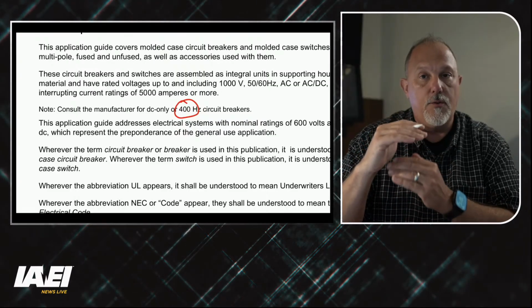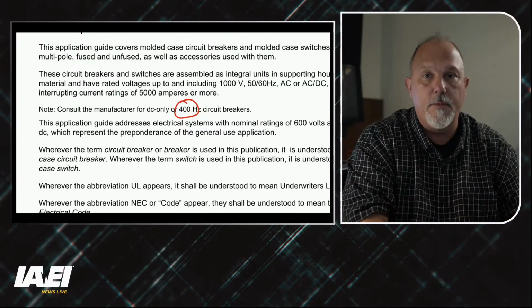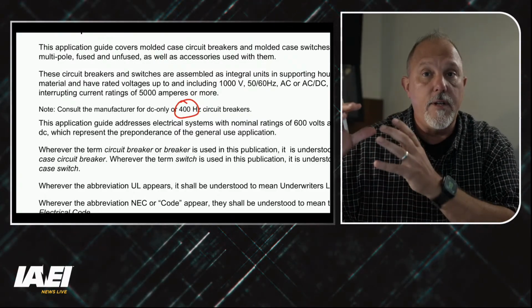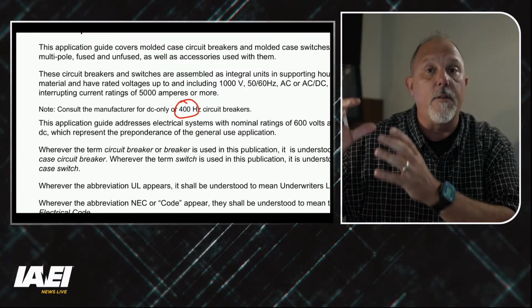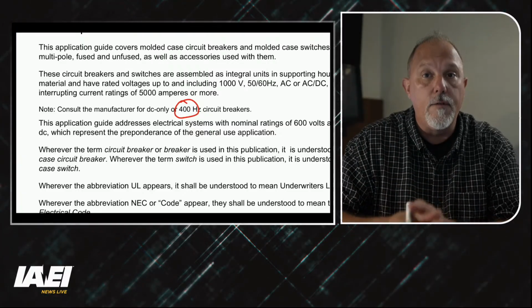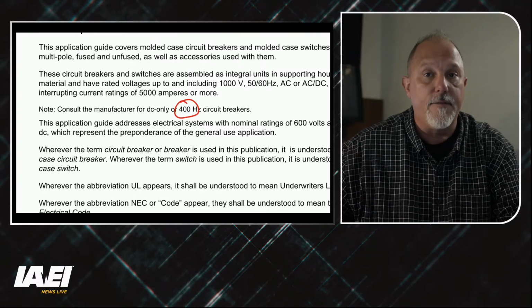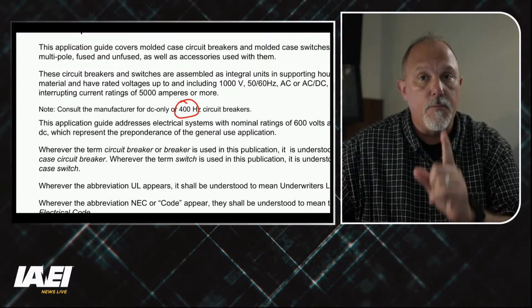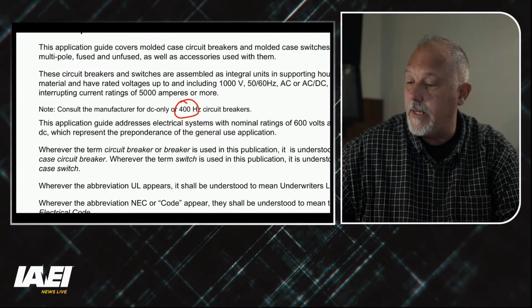You need to make sure that your overcurrent protective device can handle those higher frequencies. There is industry reference information from the manufacturers to help you understand how to properly apply overcurrent protective devices at these different frequencies. So it's important. Frequency matters, and it's important to understand how the product is listed and tested.